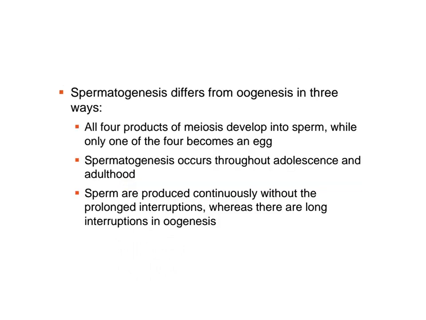We're going to end this lecture looking at some differences between spermatogenesis and oogenesis. With spermatogenesis, during meiosis, there were equal divisions of the cytoplasm during meiosis 1 and meiosis 2. And therefore, starting from 1 cell, you end up with 4 cells, which all become sperm.